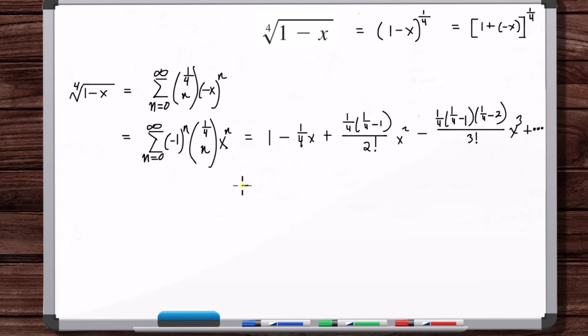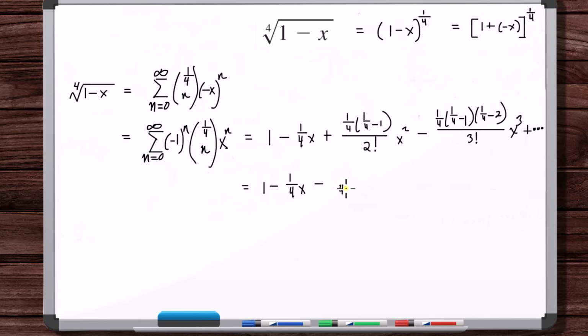Okay, now let's see if we can see a pattern here. All right, we can bring this 4 into the denominator, and then 1/4 minus 1 is minus 3/4. So we can bring that 4 into the denominator.